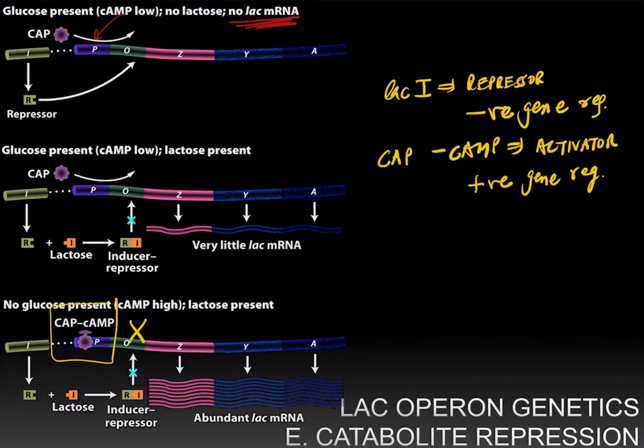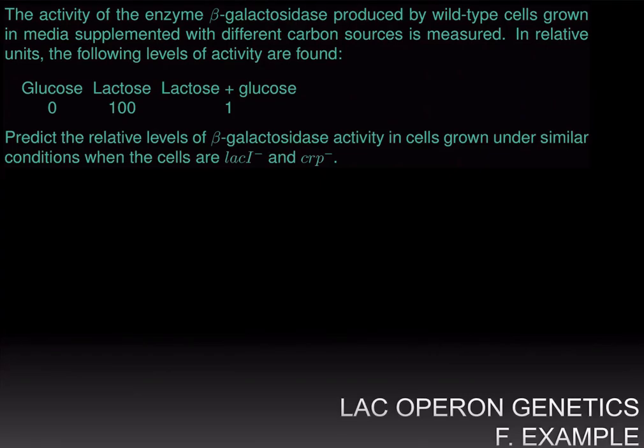Finally, let us do an example. The activity of the enzyme beta-galactosidase produced by wild-type cells grown in media supplemented with different carbon sources is measured. In relative units, the following levels of activity are found. With only glucose, there is 0 activity.